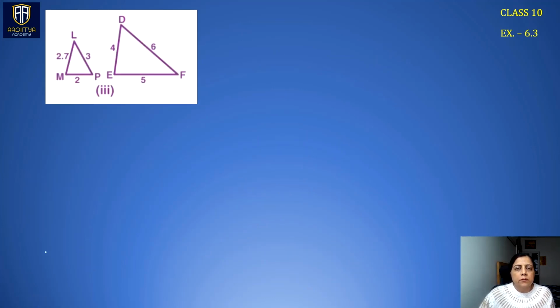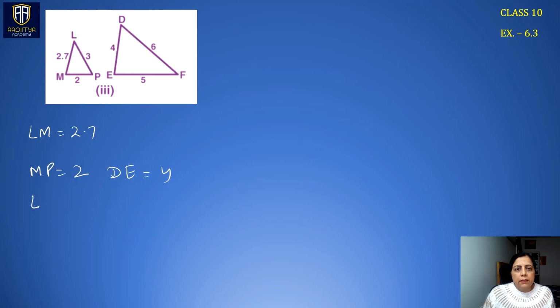Next, we have LM is 2.7 and, okay, what side shall I take? We have MP is 2. Then DE is the corresponding side, this is 4.